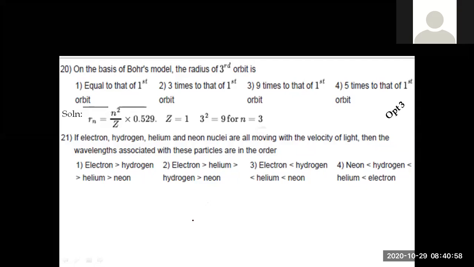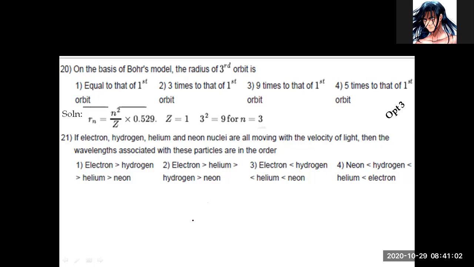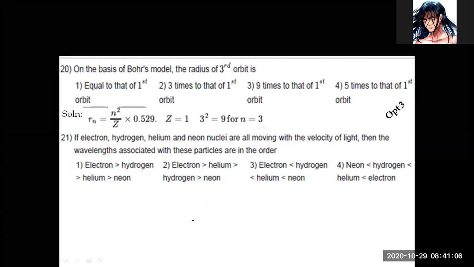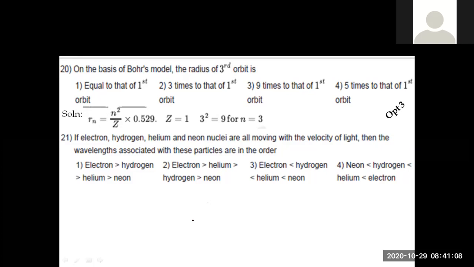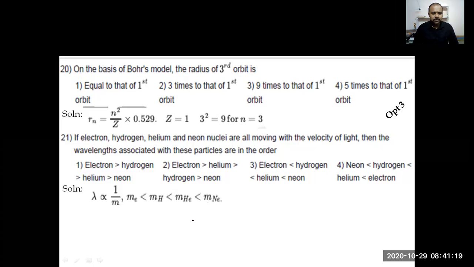What is the answer? It is option 1, by one by mass. So inversely proportional to mass, no, sir? So electron will have the most wavelength. So first option: electron, hydrogen, helium, and neon. Exactly. That's the correct answer.